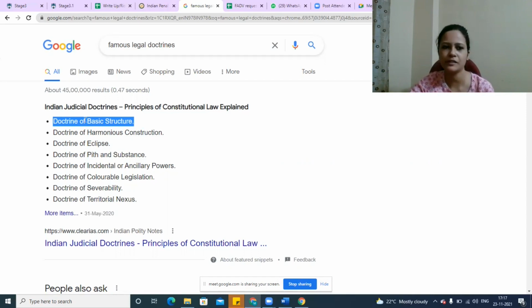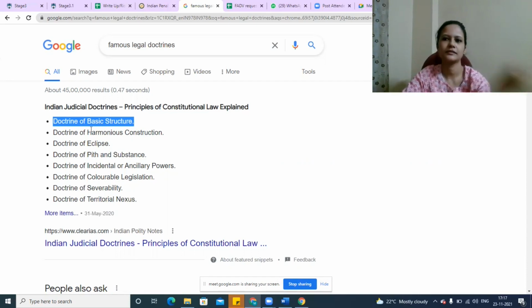What is basic structure? Can you guess it from the name? Or have you heard this one? Basic structure, the Constitution, I think the Keshavananda Bharati case. Yes, Keshavananda Bharati case, right. So what is that? I think the basic structure is like sovereign, secular. Yes.